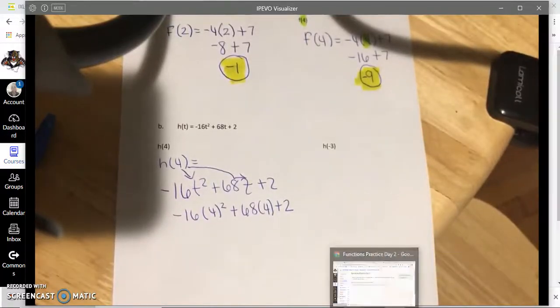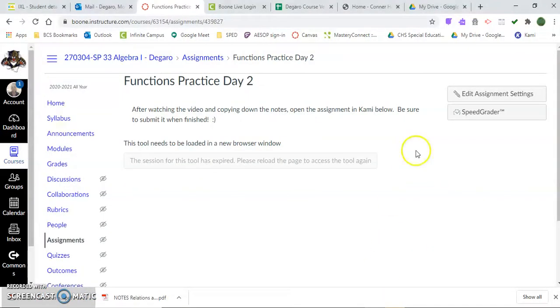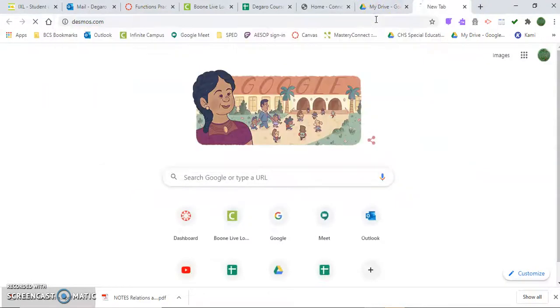I'm actually going to switch gears, go to Desmos, and plug that in.